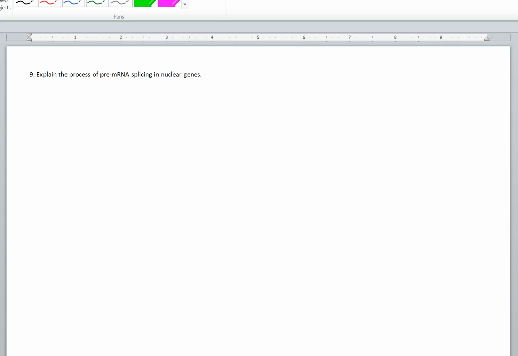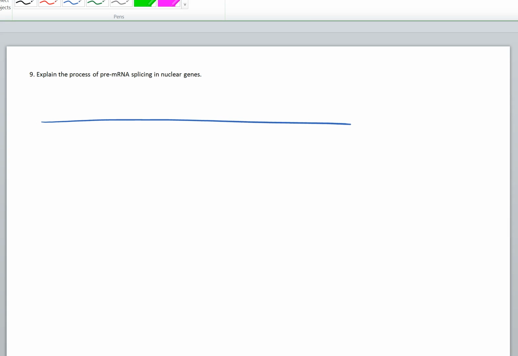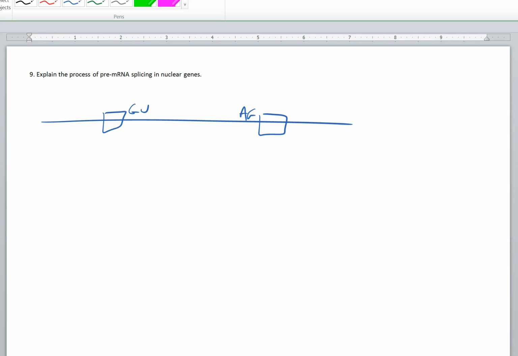Alright, so let's focus in on one intron. We'll give you the steps without the SNRPs, and then we'll throw the SNRPs in there. All of these steps are catalyzed by SNRPs. The first step is to cut the RNA at this point. This kind of happens in one step.